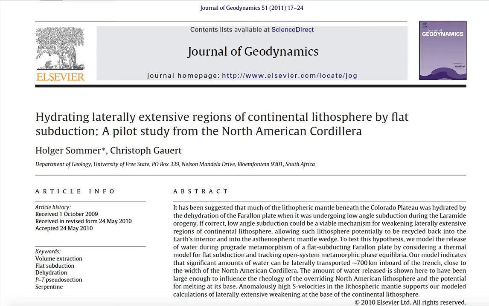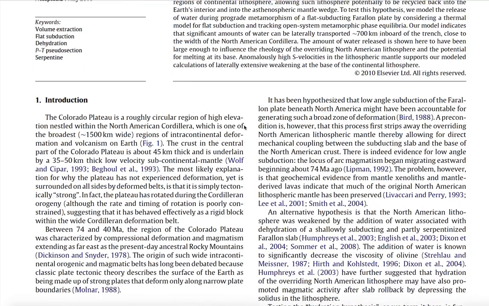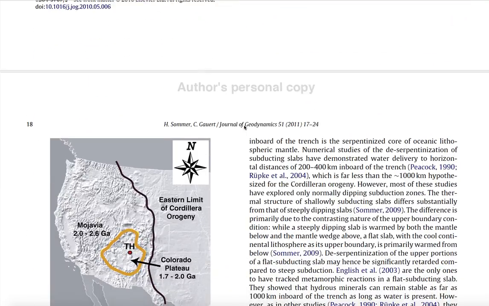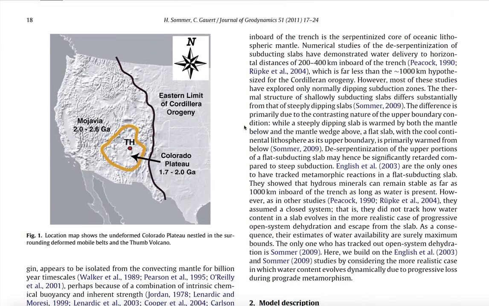Now we are starting with this paper, and I will send you the paper around as a PDF. At first we are starting with this topographic map which I have constructed.